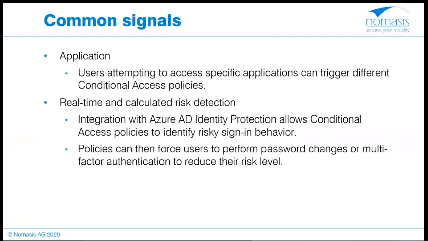So as I told you, we can, for example, know that the user has a password that has been leaked on a website that we know. And you can say from these signals, okay, we know that the user has a high risk of being compromised, so we will apply those rules. So those are the most common signals.